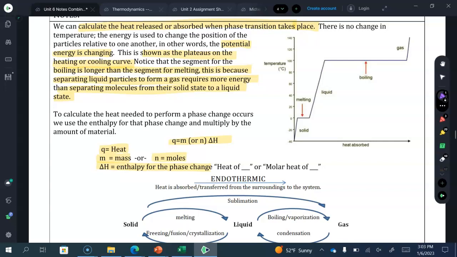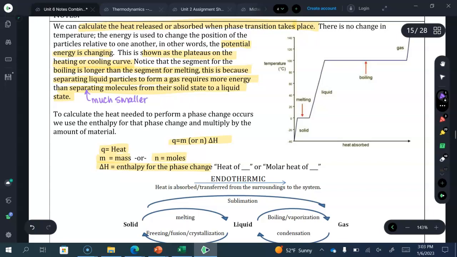Notice that the segment for boiling is much longer than the segment for melting. This is because separating liquid particles to form a gas requires more energy than separating molecules from their solid state to a liquid state. That is because the degree of separation for solid to liquid is much smaller than it is for liquid to a gas.